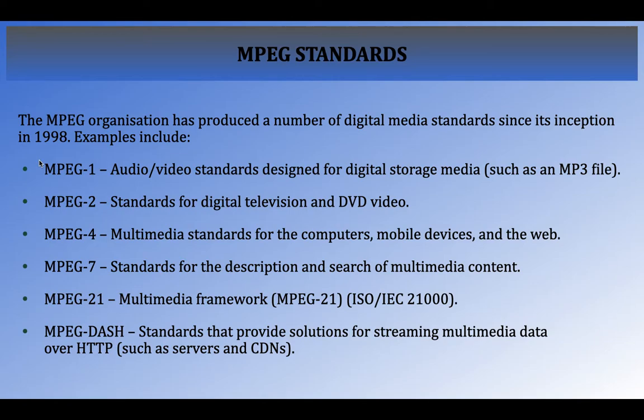It was used in digital satellite and cable TV services before MPEG-2 became widespread. It uses picture rates of only 24 to 30 Hz, resulting in moderate quality. It includes the popular MPEG-1 Audio Layer 3 audio compression format, mainly for audio and video standards designed for digital storage media, such as an MP3 file.